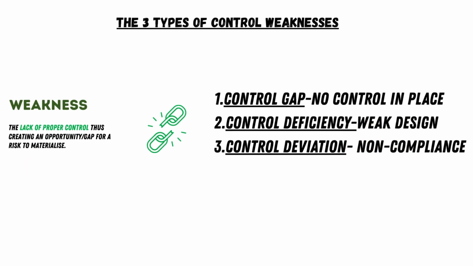As long as you know that weaknesses are what is currently wrong, and they can take three forms: a control gap, where there is no proper control in place; at times control deficiencies, where it's just a weak system of internal control; and it can also be a control deviation, where someone is not doing what they are supposed to be doing.